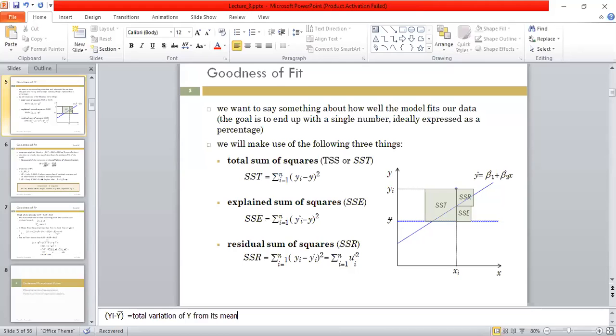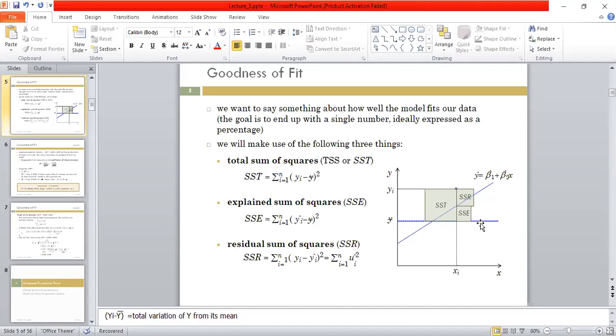Then what is this height, from the horizontal axis up to this point? Anybody?